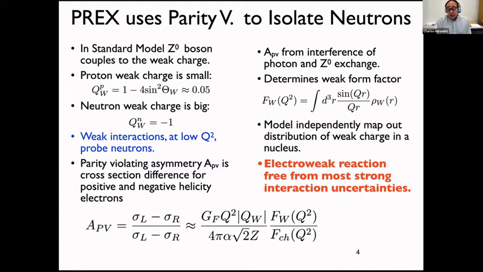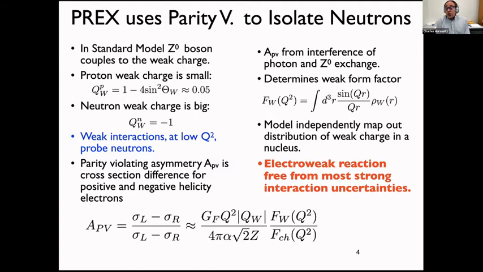What's measured is the parity violating asymmetry. This is the fractional difference in cross-section for scattering left-handed electrons or right-handed electrons. The asymmetry arises from the interference of photon and Z0 exchanges. So it's order G Fermi Q squared, and then it's a chance to measure the weak form factor.